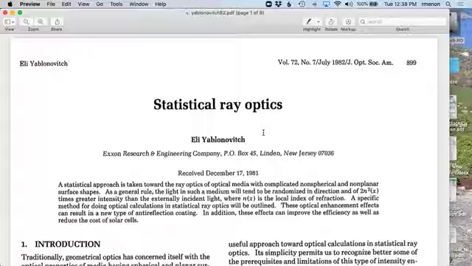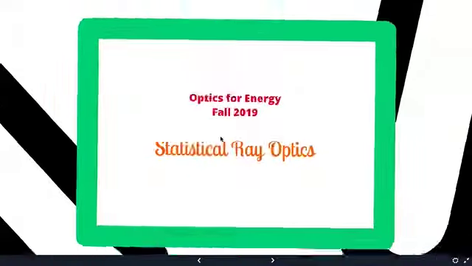Today we'll focus on one of those, referred to as light trapping. There's another lecture in November that will talk in a bit more detail about this, okay?